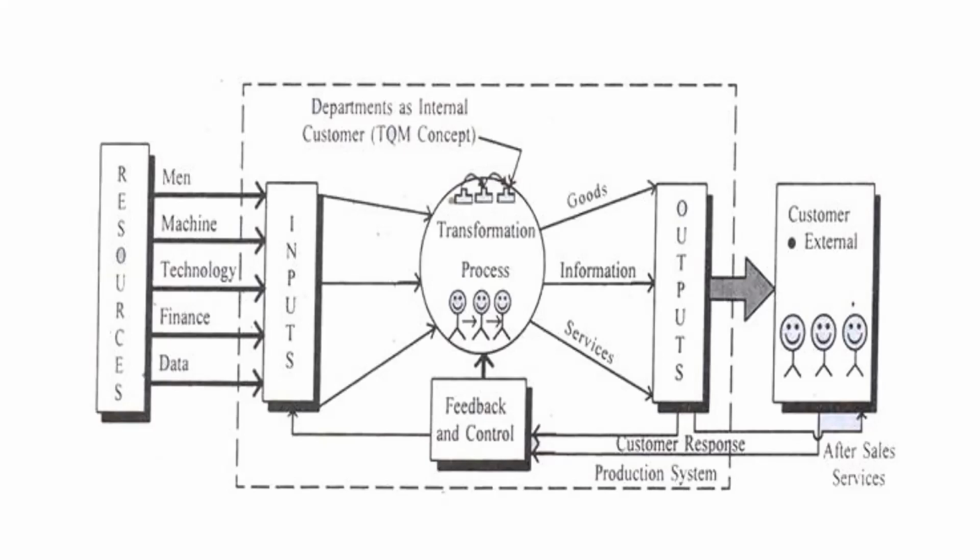As an example, suppose the system is a hospital. If the system is a hospital, then as the inputs we can say patients, doctors, nurses, medicine, labs, buildings, operation theaters, and so on.